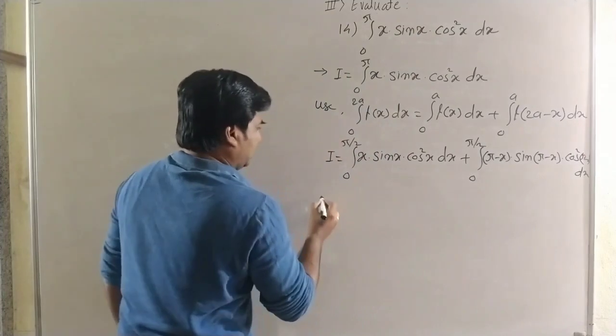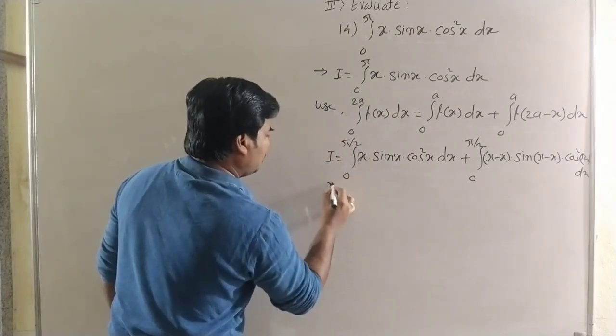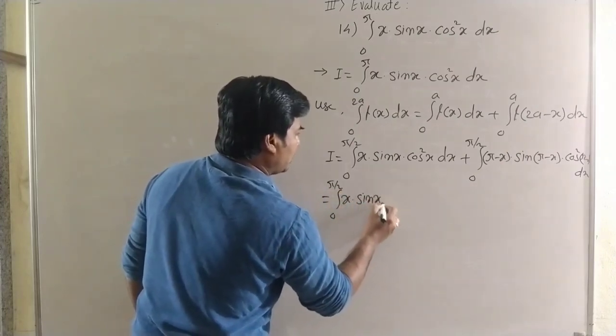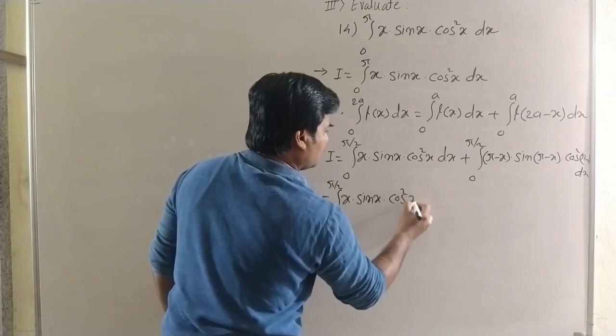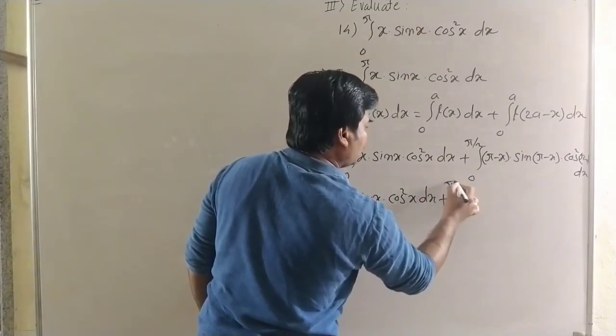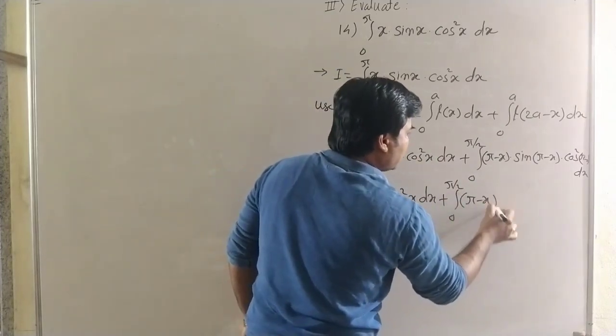Then we can write integral 0 to pi by 2 x into sin x into cos square x dx plus integral 0 to pi by 2 pi minus x as it is.